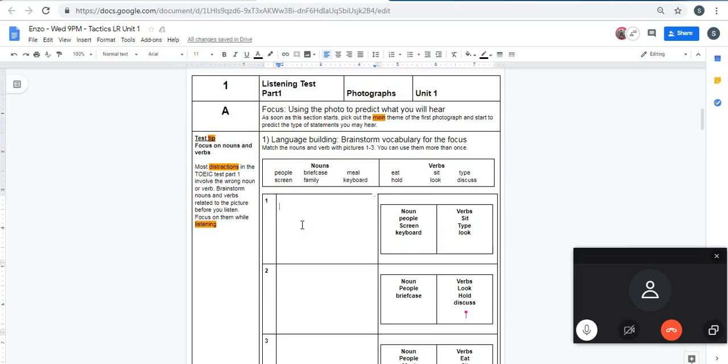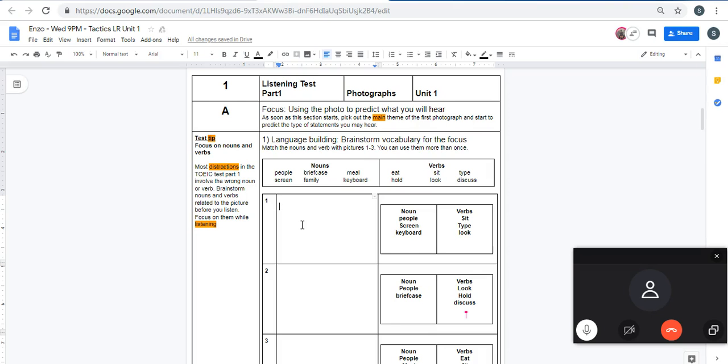Right now, I'm going to give you 2 minutes to add two more nouns and verbs for the first, second, and third photo. Let's see how fast you can think by just adding two more nouns and verbs.